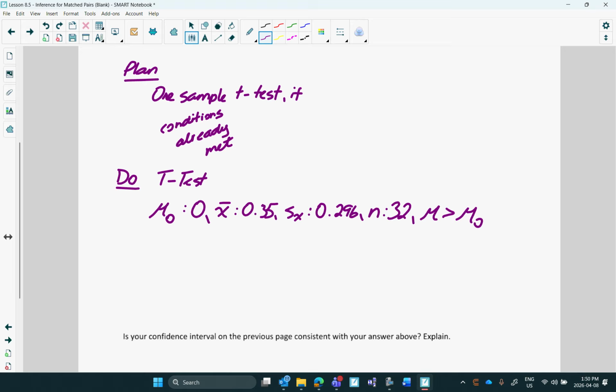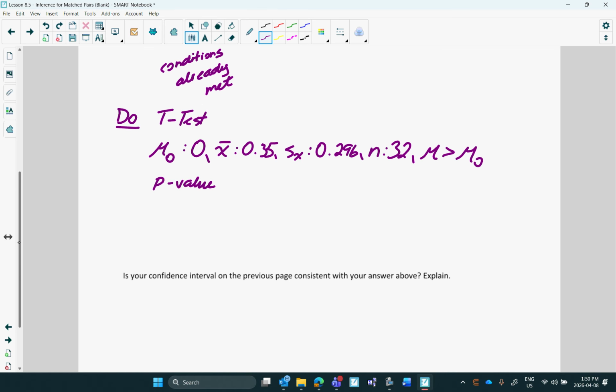And remember, this is where we're looking for the p-value, because it's telling us the probability of getting a result that we got. Okay. And if it's really low, that means it's unusual, which means we accept the alternate.